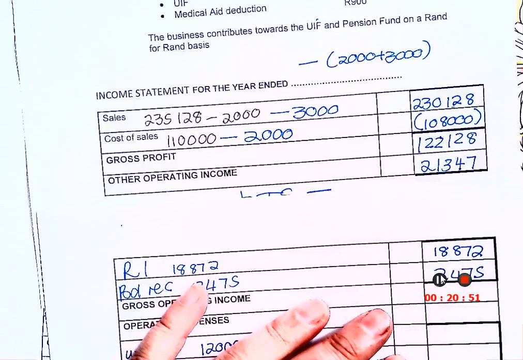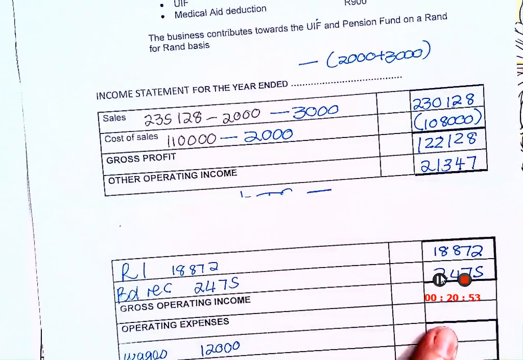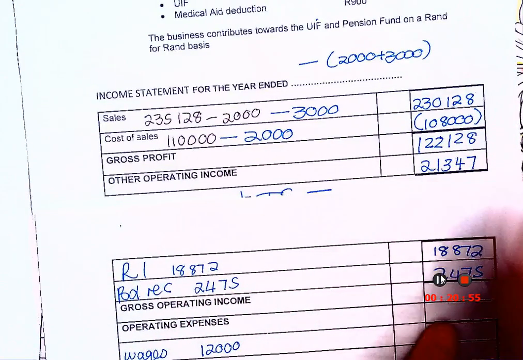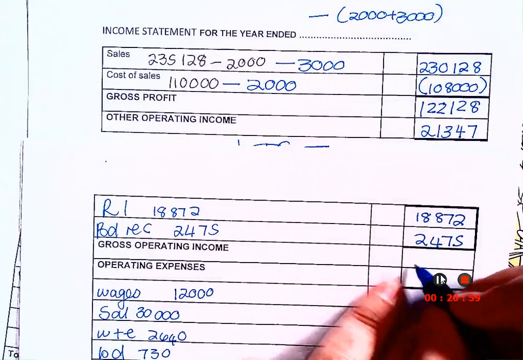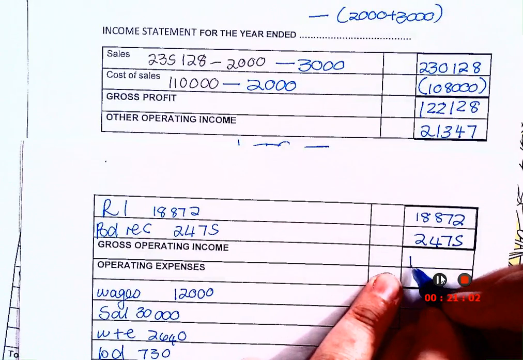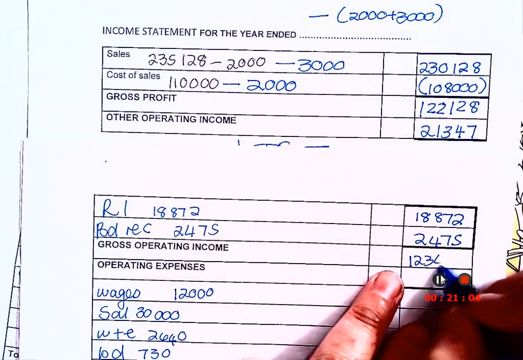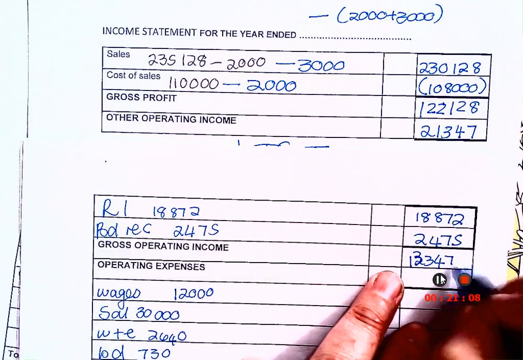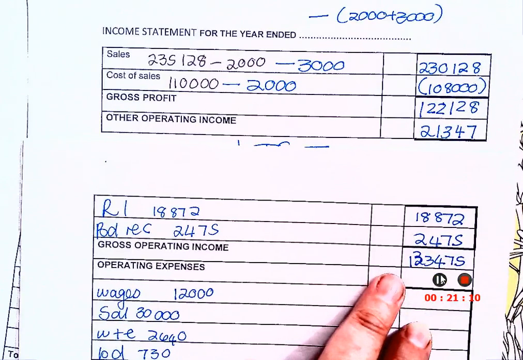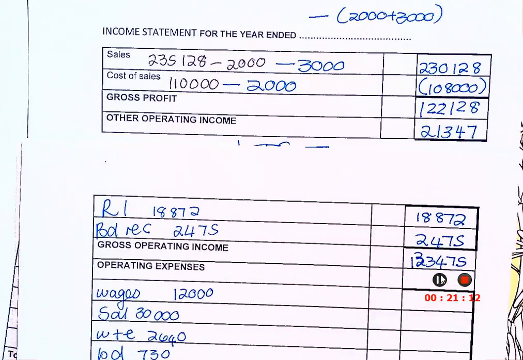Is that right? So my gross operating income is going to be like that. Let's go to expenses.